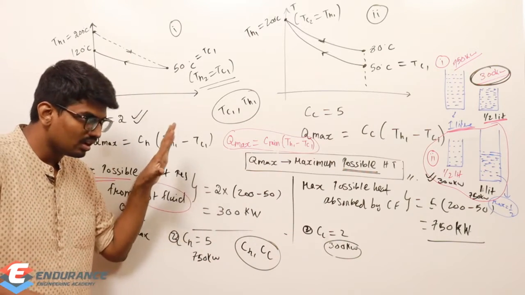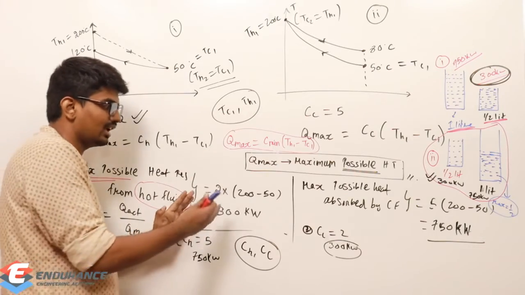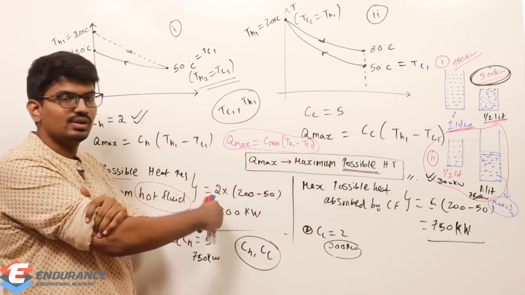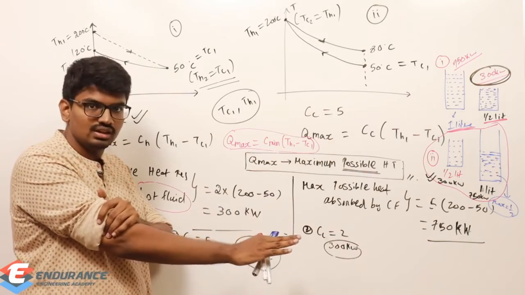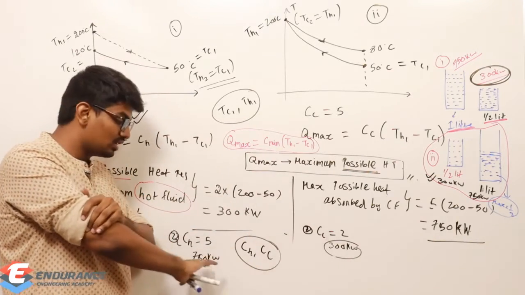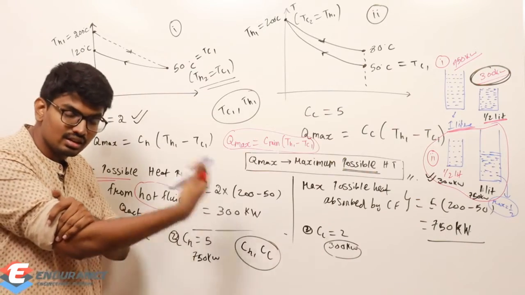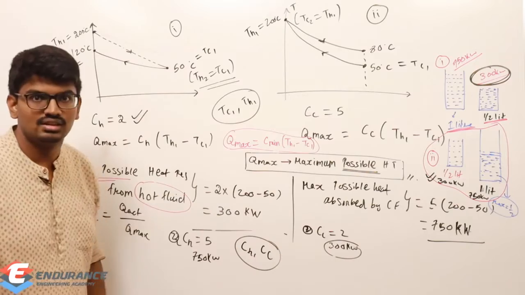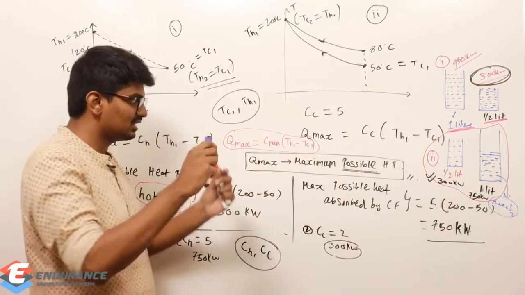I gave you the two cases, right? Even though the cold fluid can accept more, the hot fluid cannot give; it can give 300 only. Suppose the hot fluid can give 750, it can give more, but the cold fluid won't be able to accept; it can accept only 300.